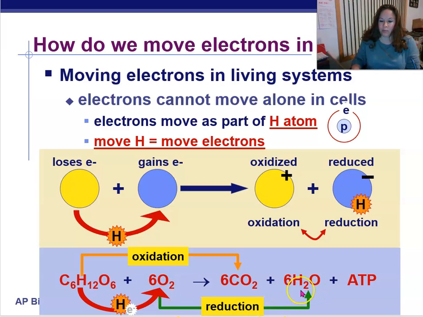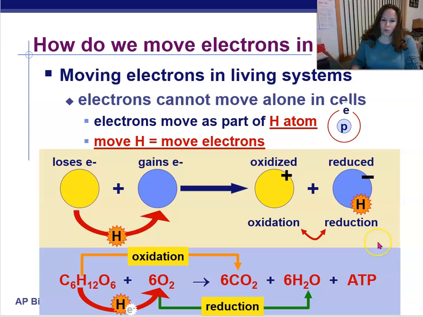The O2 now becomes water. There it is, the H's. Those H's contain electrons, so it was the water that got reduced. So the carbon dioxide gets oxidized because we take H's away from glucose, and the water gets reduced because we added an electron or a negative to the oxygen. And so we have what's called an oxidation reduction reaction going on here, and we're making ATP.